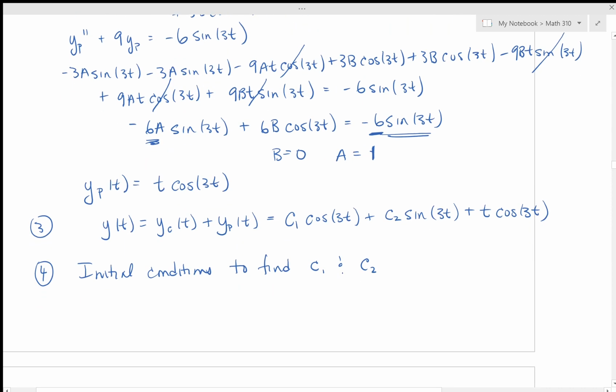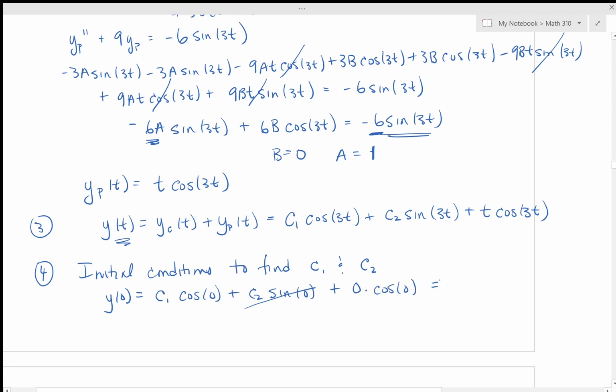Okay, so I simply substitute in t equals 0, and I get y of 0, and I calculate what that is. y of 0 is equal to C1 cosine 0 plus C2 sine 0, which is 0, that's gone, plus 0 times cosine 0.